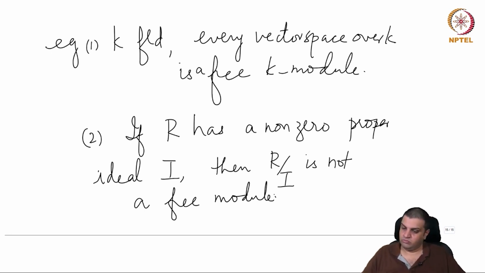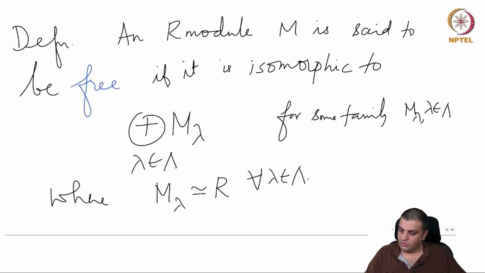So the reason is that if you look at the definition of a free module, because these are copies of R, there are elements in it, for example, you could take 1 in one factor and zeros everywhere, that cannot be multiplied to 0 by any non-zero element of the ring.